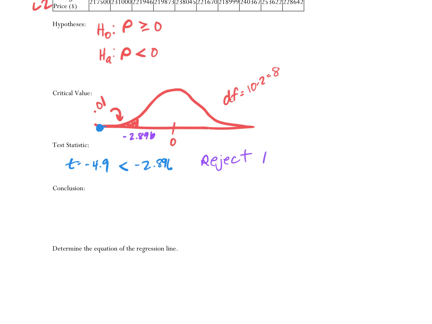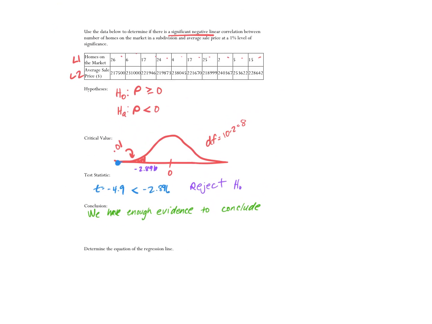Okay. So my conclusion will be: we have enough evidence to conclude a negative linear correlation between homes on the market and average sale prices.